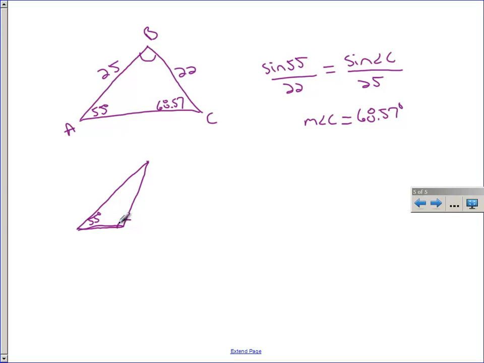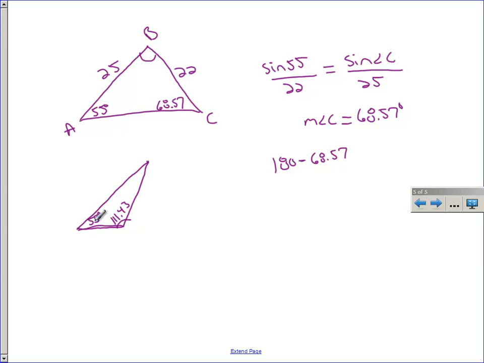Again, your calculator tells you 68.57, but we should know that there's another possibility, the one that's in quadrant 2. So we do 180 minus 68.57, and that's 111.43.